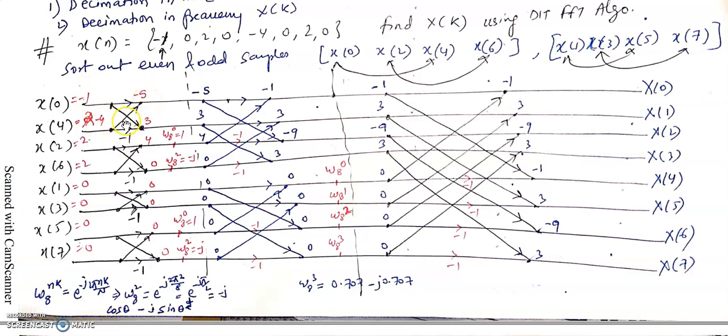Similarly, one thing you have to remember: on every second line, where the downward link is coming, there you put -1. So -1 here, -1 here, -1 here.